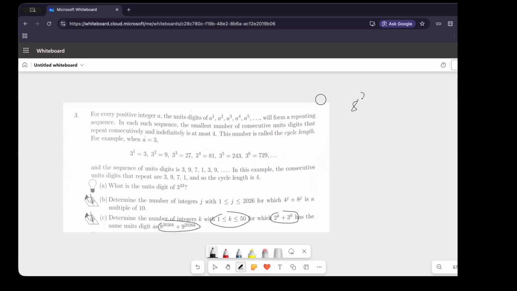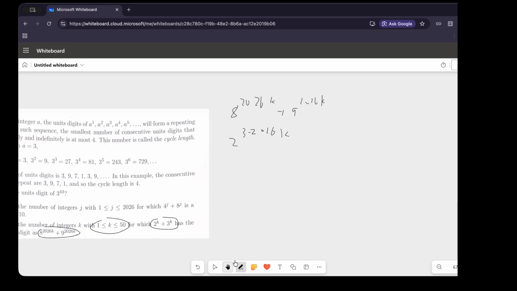9^(2026k) plus 2^(2026k) is equal to 2^(3·2026k) plus 9, that is 3 to the power 2 times 2026k.